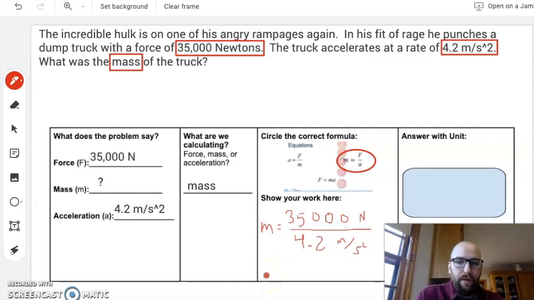Again, if I'm putting that in my calculator, I'm going to write 35,000, the divide button, 4.2, equals.